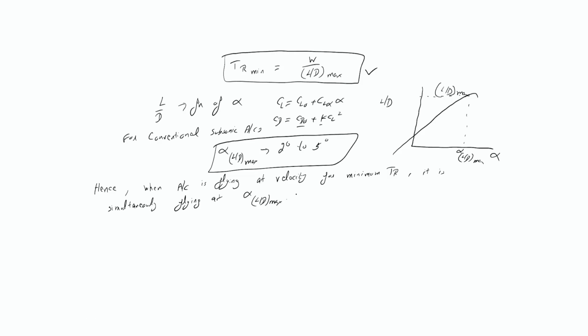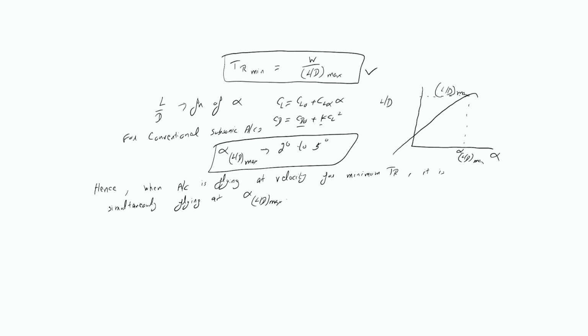Remember this: if the aircraft is flying at thrust required minimum, that means it is flying at L by D maximum. That means it is flying at a velocity at which it has an angle of attack where L by D is maximum.